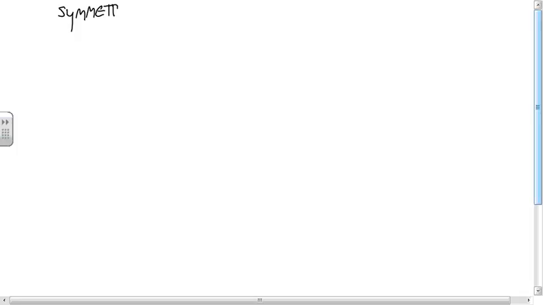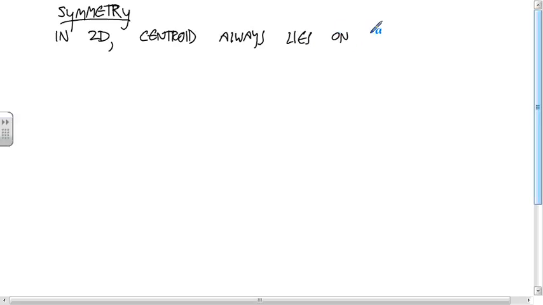Okay, so symmetry. In 2D, the centroid of an object always lies on any line of symmetry.